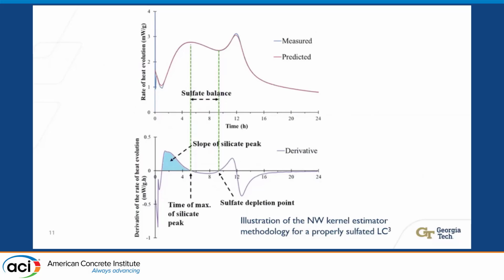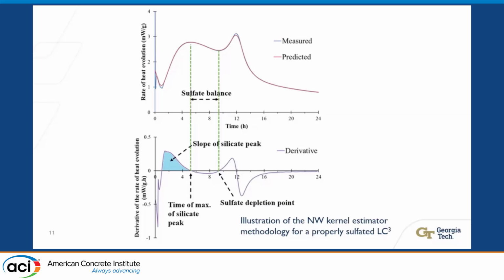But essentially, based on this kernel estimator methodology, you start to get very accurate estimates for the time of the max. So features like the slope of the silicate peak, the times associated with the maximum of the silicate peak, the sulfate depletion point, et cetera.